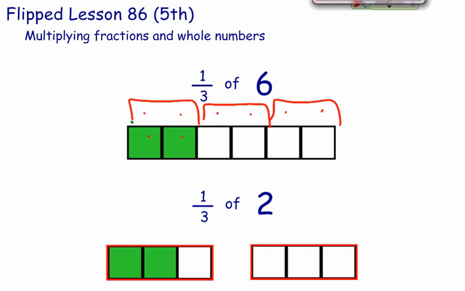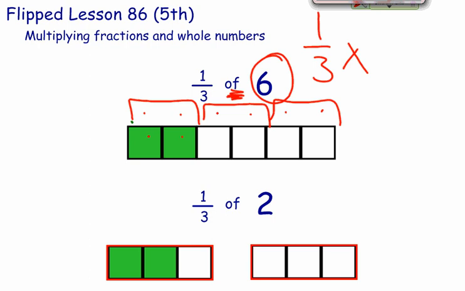Now, to solve this, we think about the word of. Of means multiply. So I'm going to take 1/3 and multiply by 6. The problem is that 6 isn't a fraction though. The good news is that every whole number can be easily turned into a fraction.